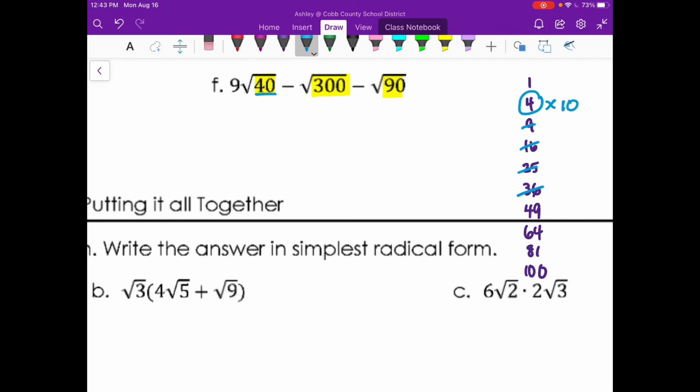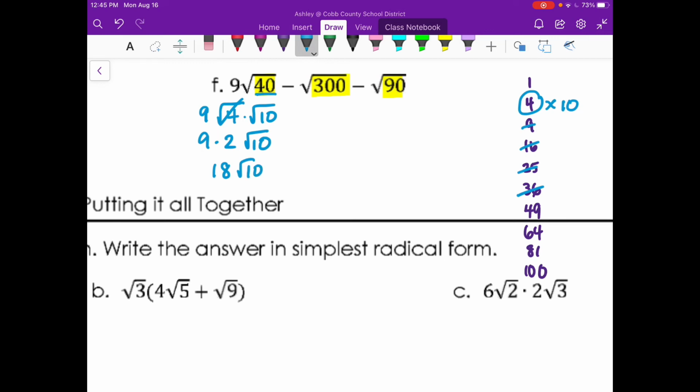So I'm going to write down my coefficient of 9 and split my radical 40 into radical 4 times radical 10. I'll take the root of 4, which is 2, and multiply it times the 9 outside of the radical. And that is going to give me 18 radical 10.